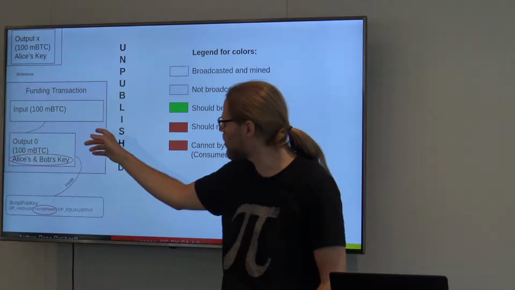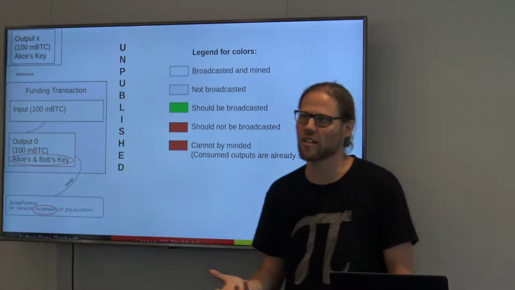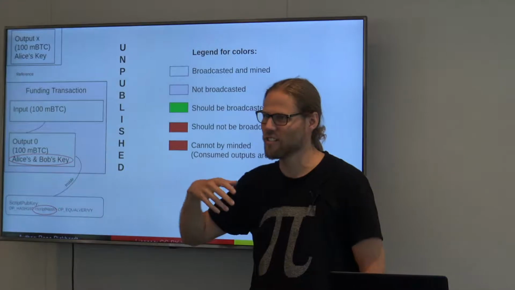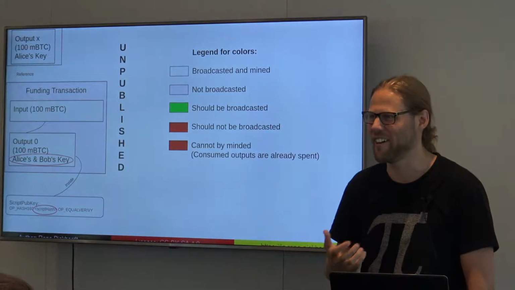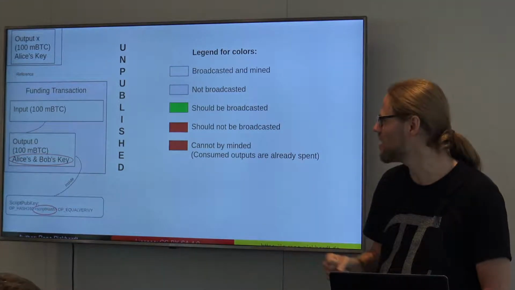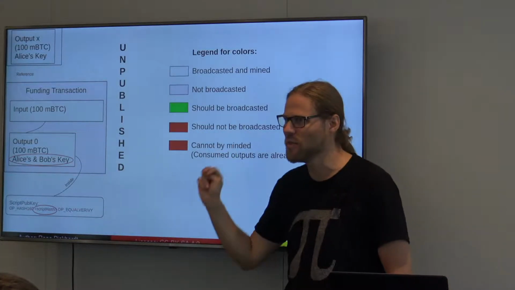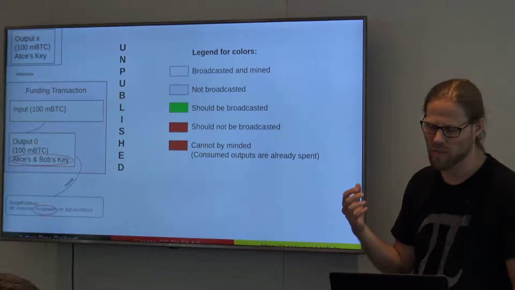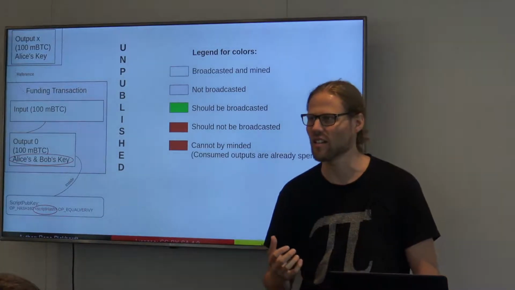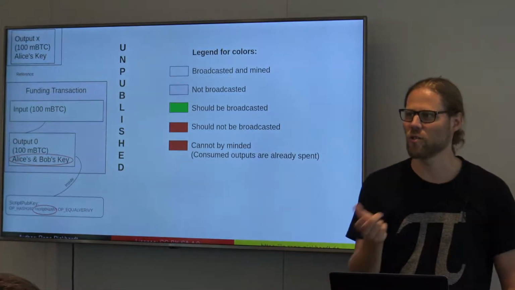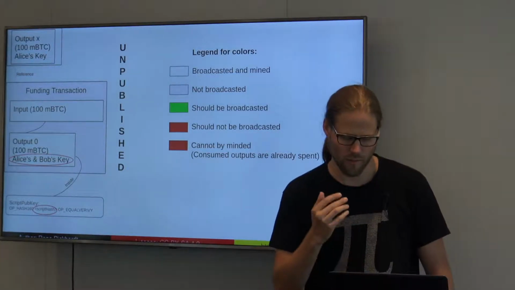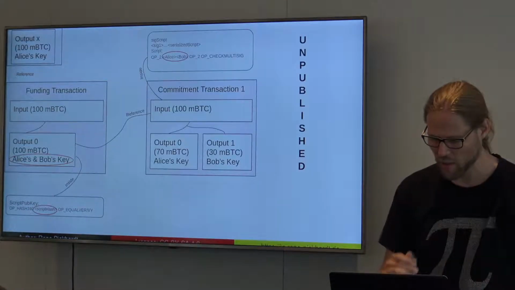If the background of a transaction is gray, it means that it's not broadcasted yet. And if it's green later on, it means we should broadcast this right now. And red has two meanings. Either it means it should not be broadcasted, or it means it cannot be mined, meaning the outputs are already consumed. It would be a double spend if it would be mined. So these are the legends.